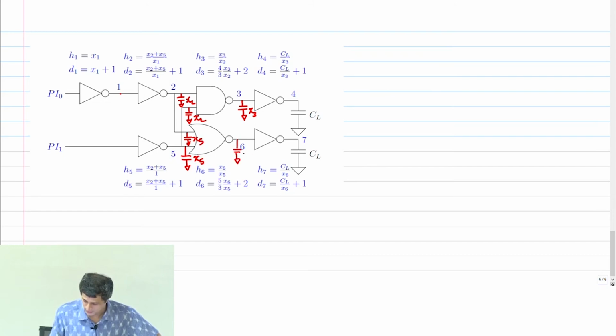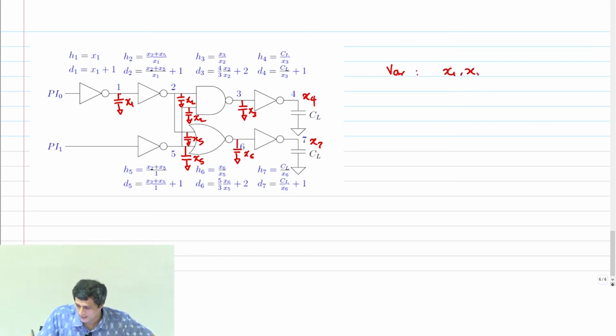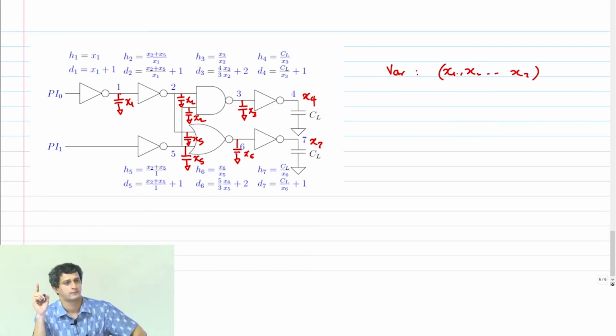And this is basically x6. This is x4, x7, x1. Okay? These are my variables. My variables are, as usual, my capacitance x1, x2 all the way to x7. I have to solve for this.